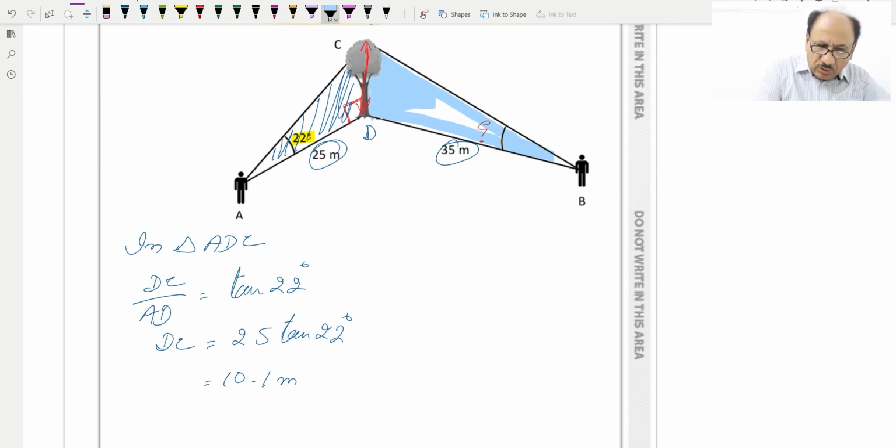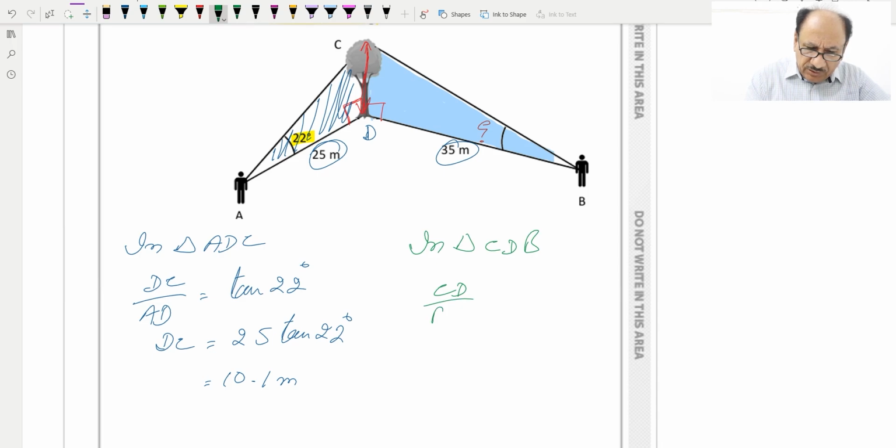So now we can consider this triangle, which is this one. This is also a right angle triangle, and to find the angle of elevation, in triangle CDB, D is a 90 degree angle, so we can take CD over BD, or DB, will be equal to tan of theta, and this angle is theta.